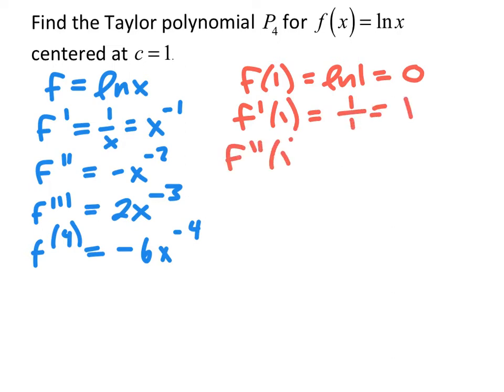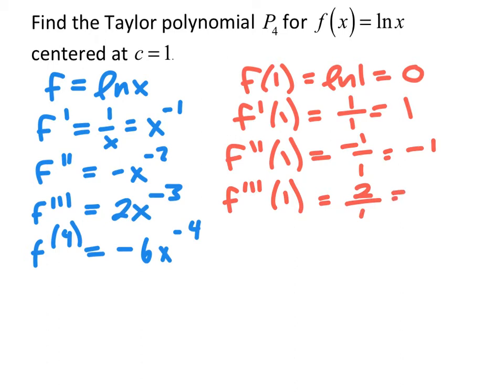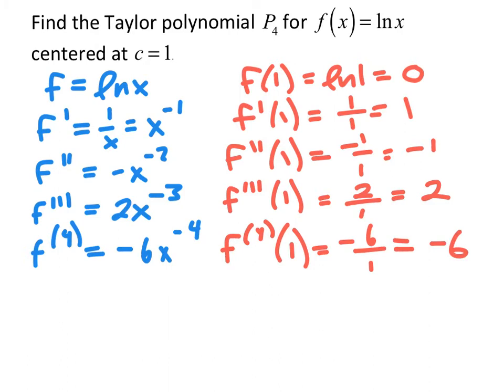F double prime of 1 is negative 1 over 1 squared, which is negative 1. F triple prime of 1 is going to be 2 over 1 cubed, which is 1, so 2 overall. And then my 4th derivative, evaluated at 1, would give me negative 6 over 1, which is negative 6.